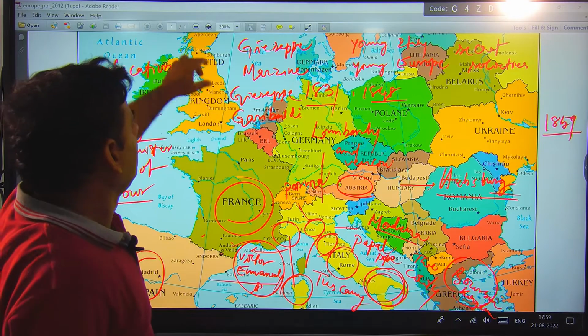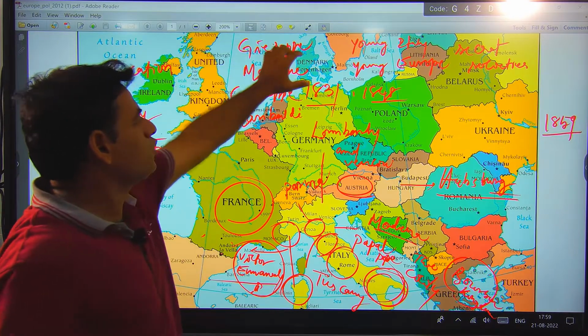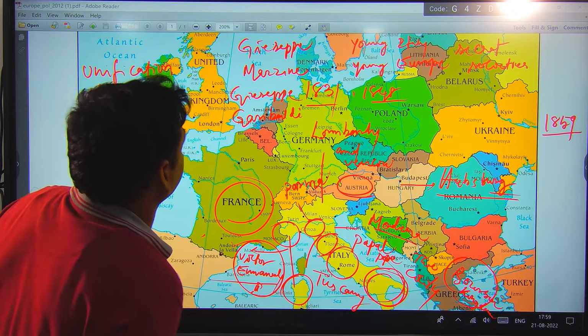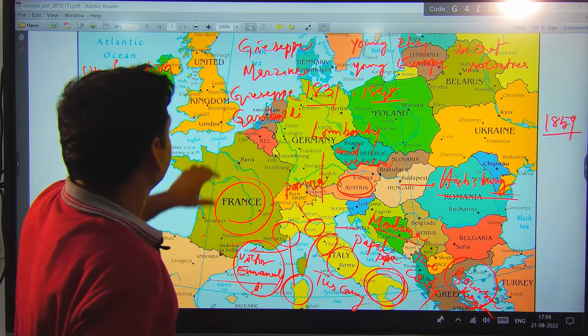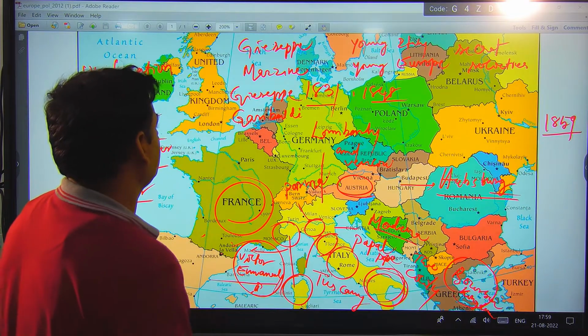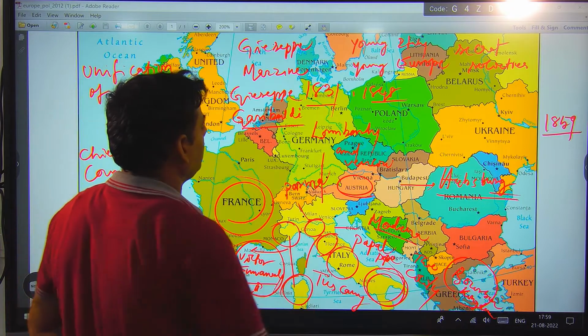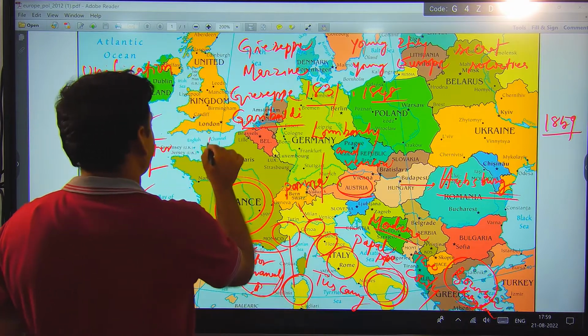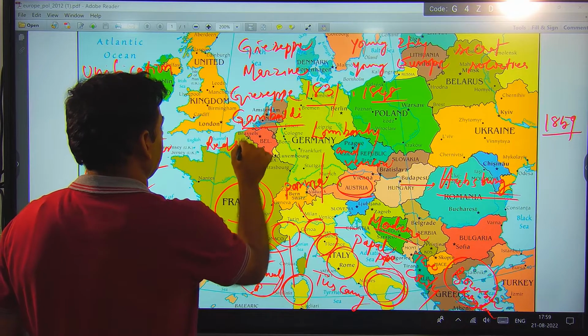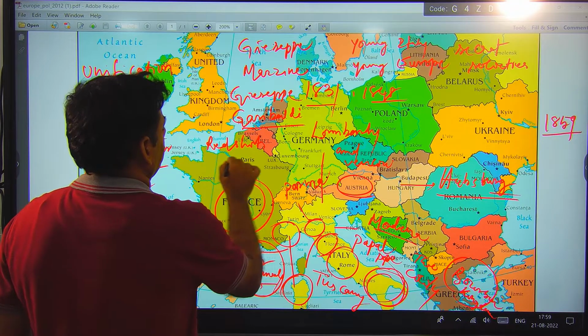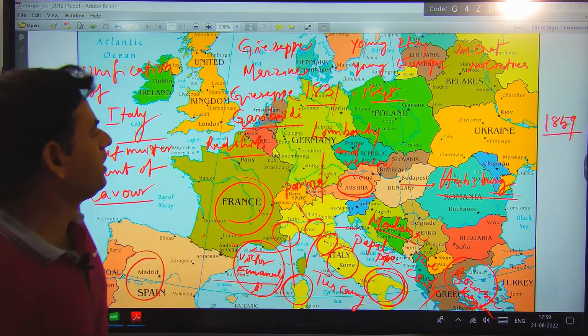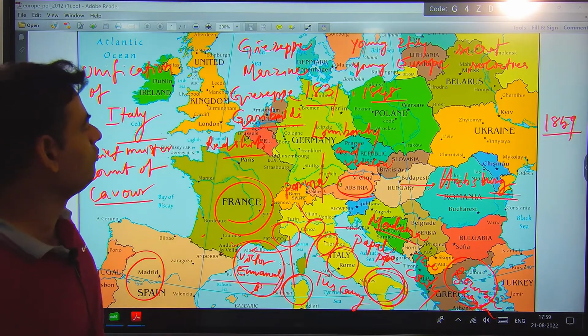Actually, Giuseppe Mazzini started a military known as Black Shirts. Giuseppe Garibaldi started a kind of freelance army known as Red Shirts. Leave aside Giuseppe Mazzini because he failed to unify.